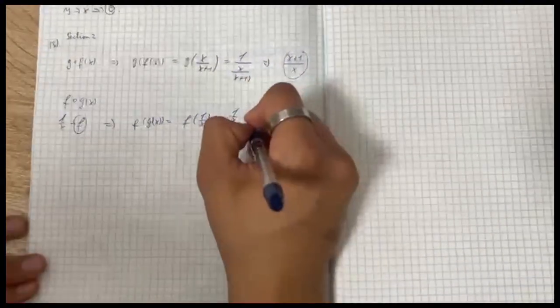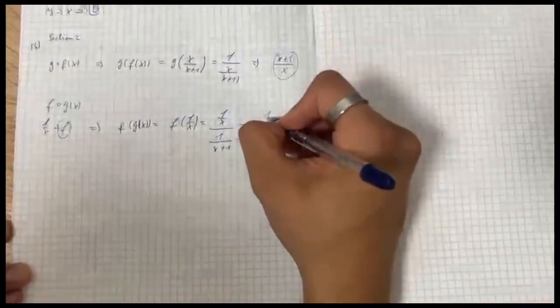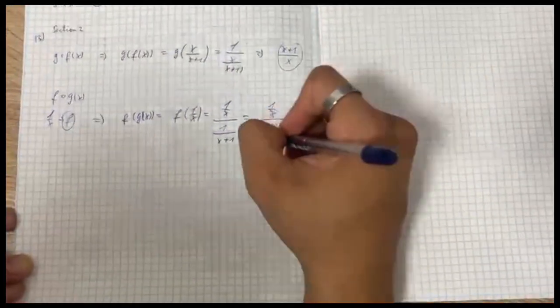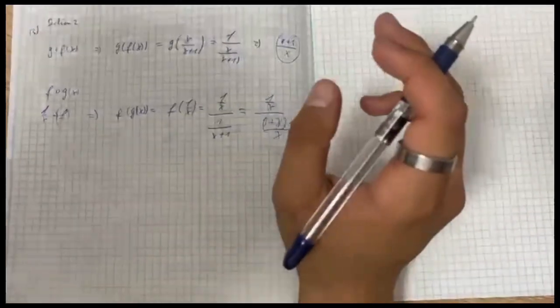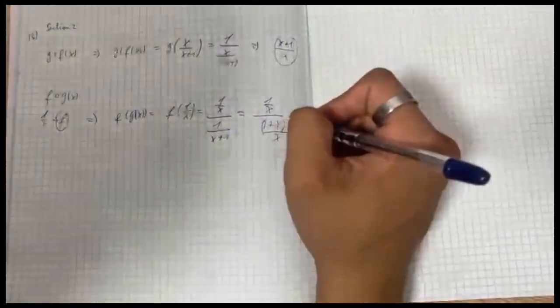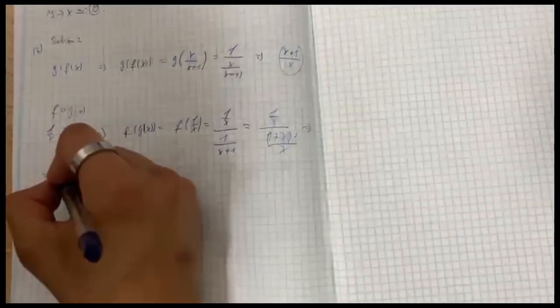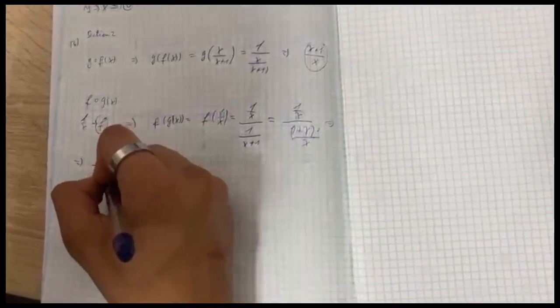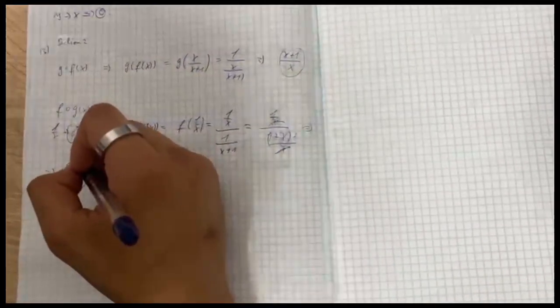If we simplify, that's going to look like 1 plus x divided by x. So in the result we will have just 1 divided by 1 plus x. Here is the result.